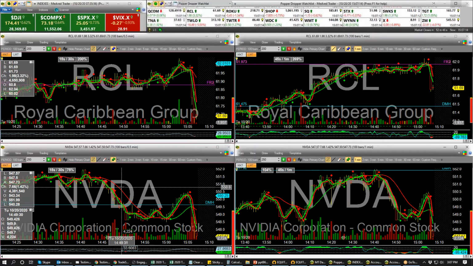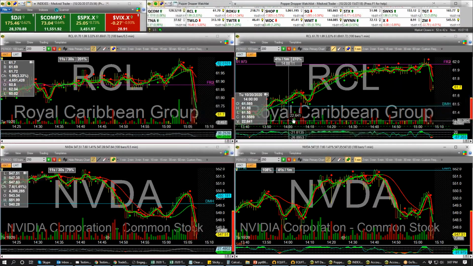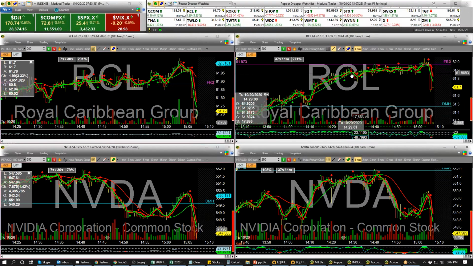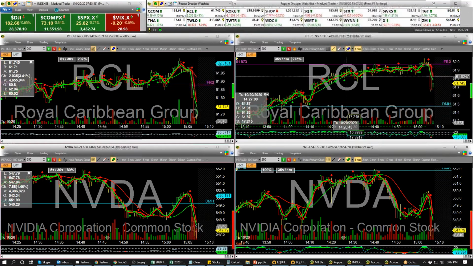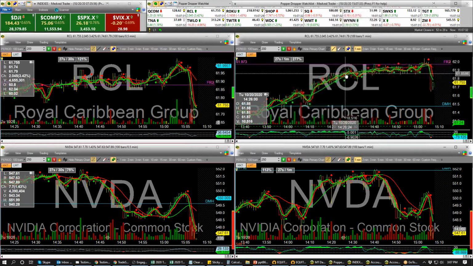To be in this safer trade, right? If you are trading against that line, that is considered a higher risk trade. Doesn't mean you can't do it, but I started looking at it as this is a risk tool. This is going to help me determine if it's a higher risk trade.